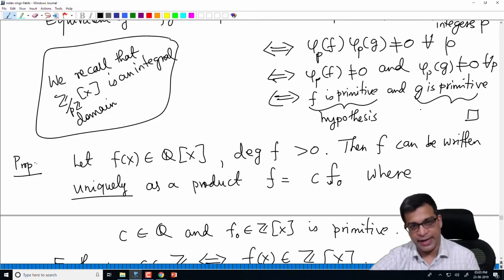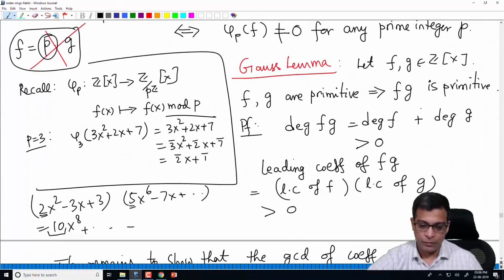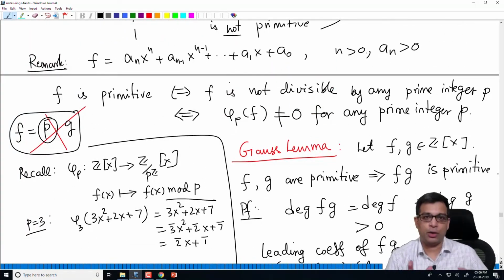Now to prove that Z[x] is a UFD, we basically use the fact that Q[x] is a UFD. In order to do that, we need to understand how to talk about irreducible elements in Z[x] versus irreducible elements in Q[x], because to prove that something is a UFD, we need to show that factoring terminates and factoring is unique. In Z[x], because it's Noetherian, factoring terminates automatically.